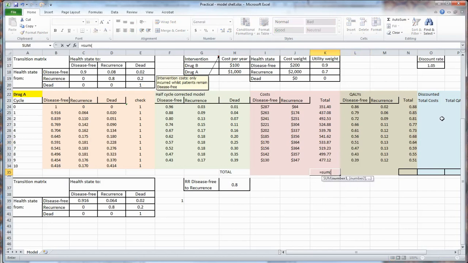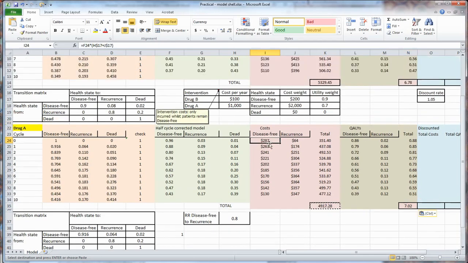Again, we can just do the sum, so we get the total costs. Now what have I done wrong there? I have copied the linkages for the costs, and I'm still applying the cost for drug B. So really I need to apply the cost for drug A to the cost formula.